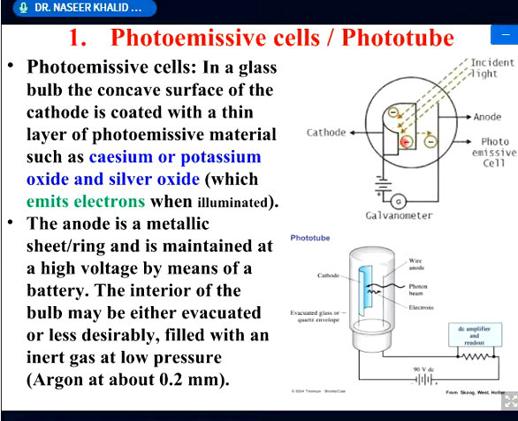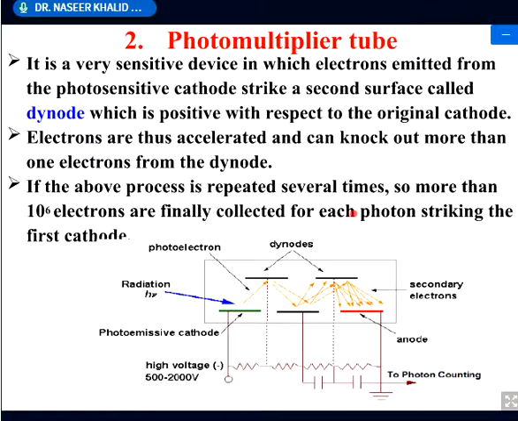If we make a series of these phototubes all together, we get a photomultiplier tube. A photomultiplier tube is a very sensitive device in which electrons emitted from the photosensitive cathode surface strike a second surface called a dynode, which is positive to the original cathode.